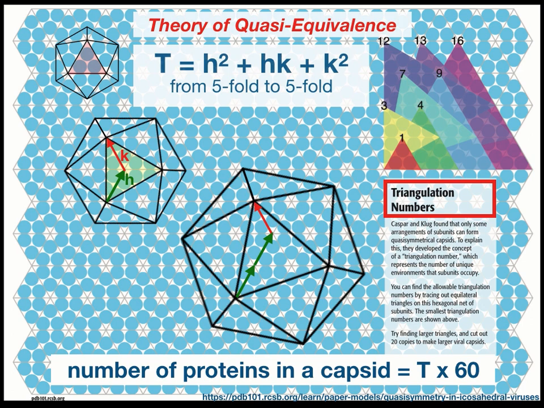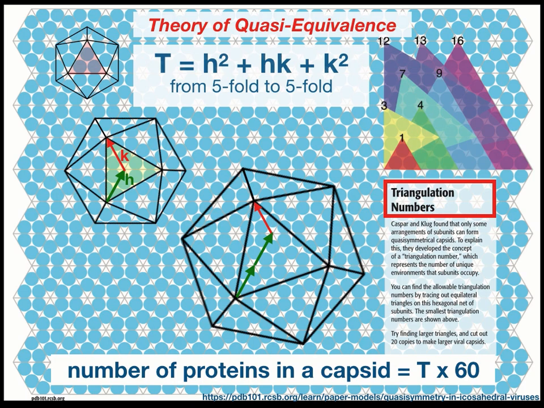It would be 2 times 2, which is 4, plus 2 times 1, which is 2, plus 1 times 1, which is 1, so 4 plus 2 plus 1 would be 7.